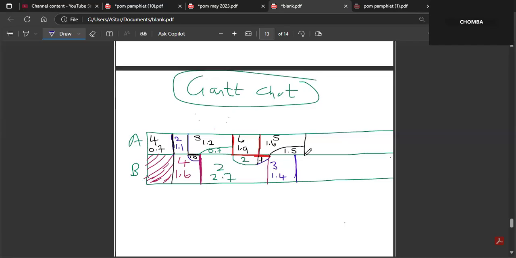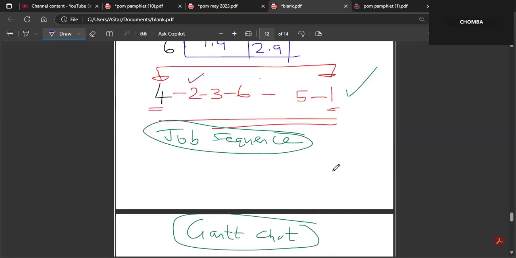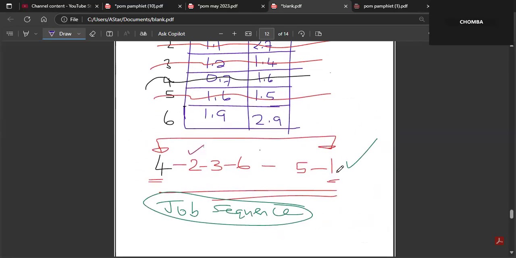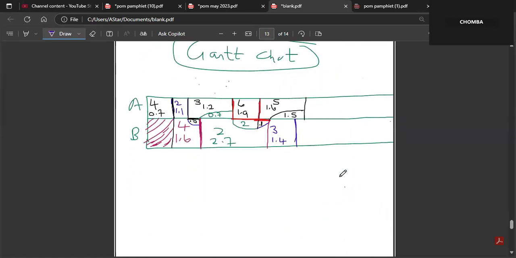So meaning these people can now start running job 6 because 4 is complete, 2 is complete, 3 is complete. You can start running job 6 in department B. Job 6 in department B is taking how many now? 2.9. Okay? But here there's an extra of 0.1.